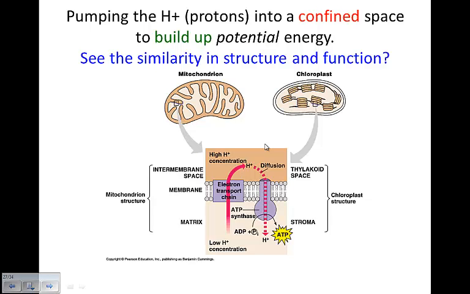It's like blowing air into a balloon. As the pressure builds, more air is blown in. This is an example of potential energy. Now, I want you to keep in mind that as the protons increase, as that hydrogen ion increases, the pH is dropping too.